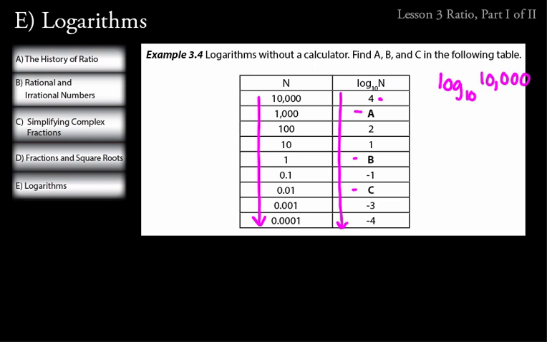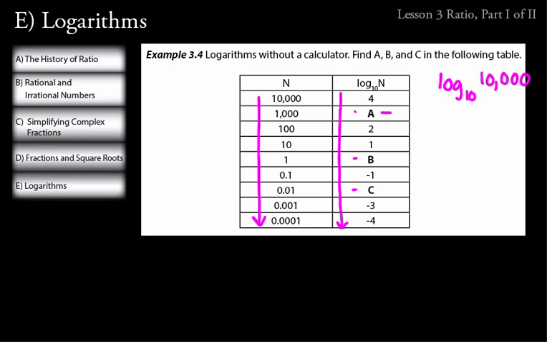So how many zeros do you see there in 10,000? Well, there's 4 of them, right? What is the exponent equal? What is log base 10 of 10,000? Well, it equals 4. So this is something that happens with base 10 logs. Log of 10,000 has 4 zeros, the exponent is 4. Because you're multiplying 10 4 times, right?